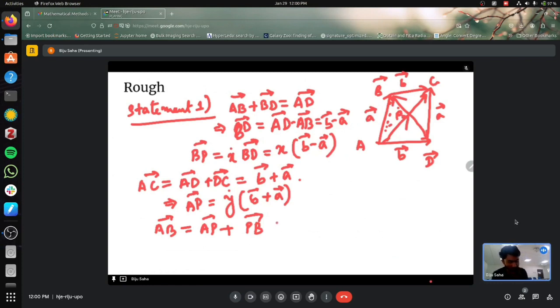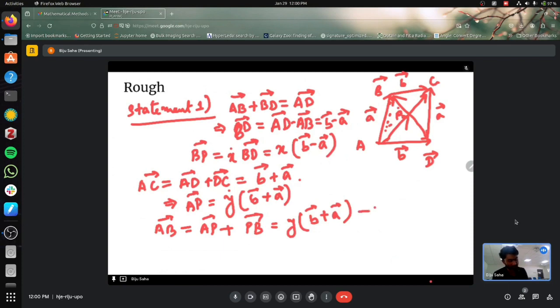Now let us express it in terms of B and A again. AP is something we found out from here. So let me write. But PB vector is minus of BP vector, since it is in the reverse direction.